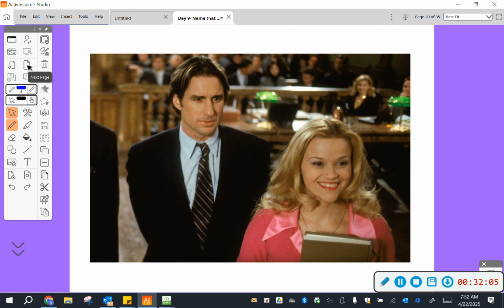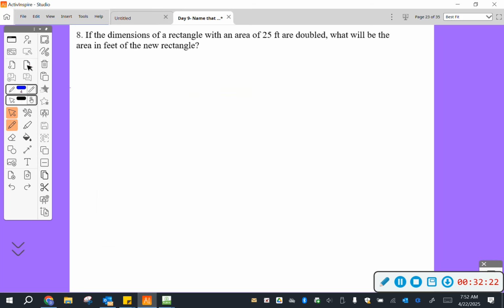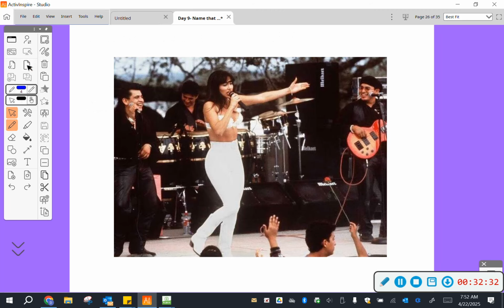Are we on number 7? Yeah, this is 7. 8. I don't understand this one at all. The only reason I knew is because they're wearing pink. And then 9. There's not a 10, but this would be 10.